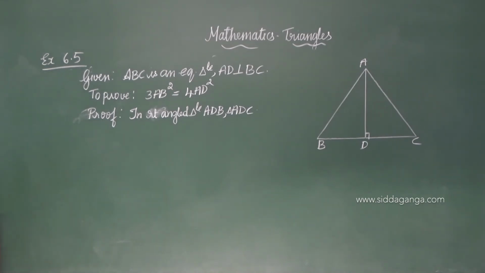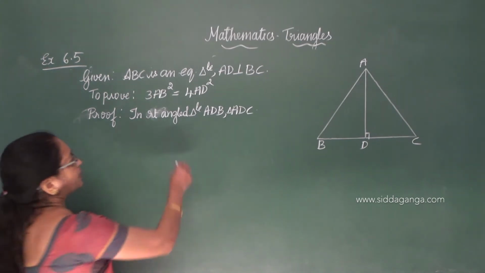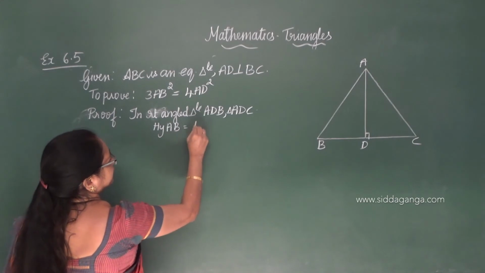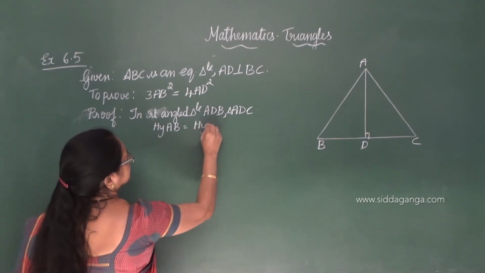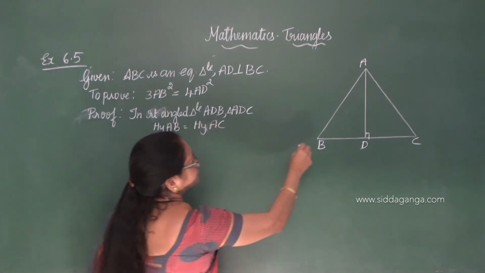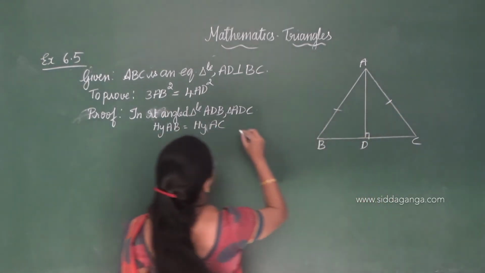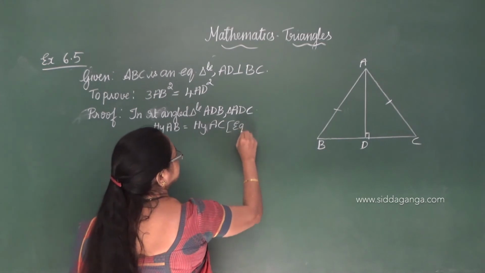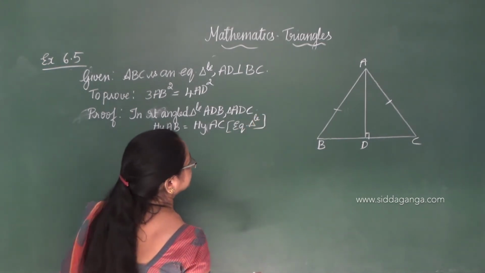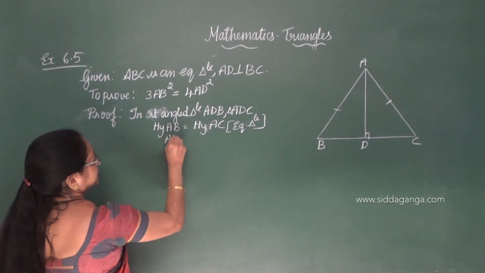So in right angle triangles by RHS criteria we can do it. Here hypotenuse AB is equal to hypotenuse AC, correct? Since it is an equilateral triangle. Next, AD is equal to AD, common.